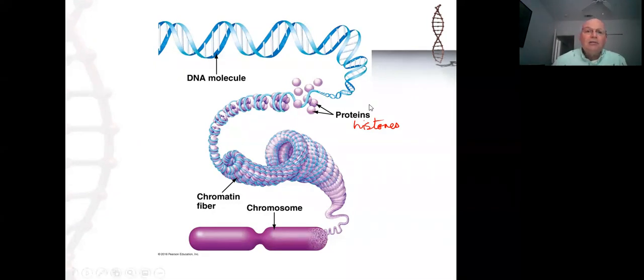And they create complexes that the DNA wraps around, and then the DNA itself spirals into a fiber core, which becomes the chromatin fiber. At the point of cell division, that then coils up and gets folded up even further in a process called condensation that gives rise to the chromosome structure that we see during cell division.